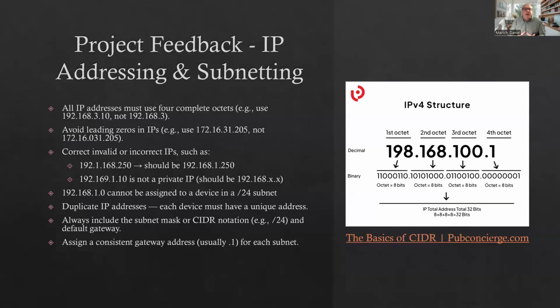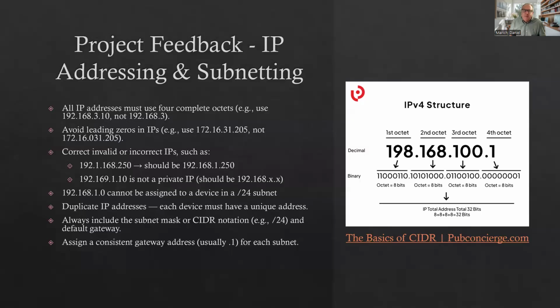You could be pulling your hair out for hours if things aren't set up correctly the first time. Also, 192.168.1.0 cannot be assigned to a device in a 24 subnet, right? It's reserved as a network address. So .zeros are reserved. Can't use them.